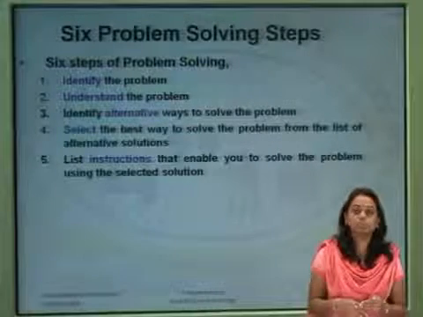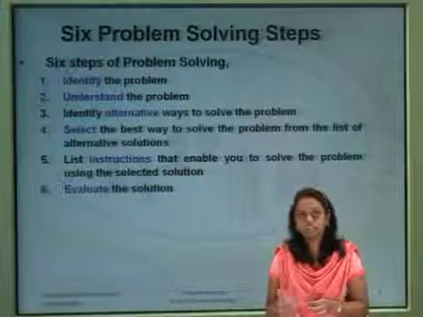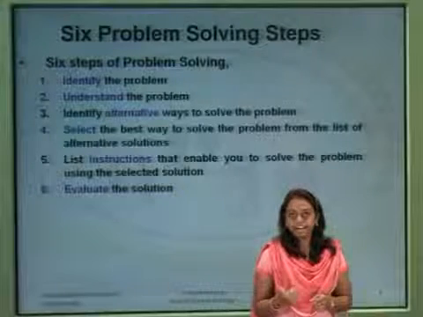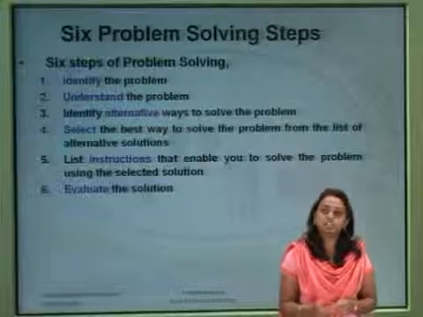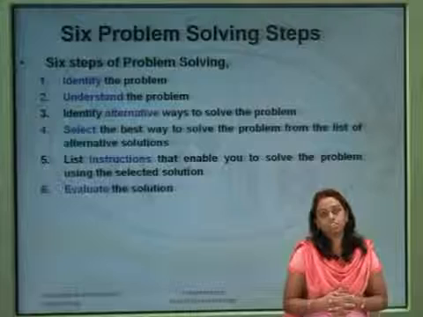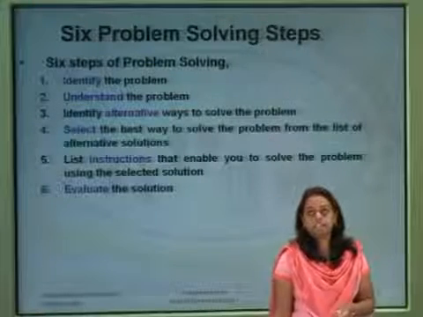And last, you need to evaluate whether the solution you have got is right or not. Let us go once again through the steps: identify the problem, understand the problem, identify the alternatives, select the best way out, list the instructions, and finally evaluate the solution. We'll discuss all these steps one by one in detail.